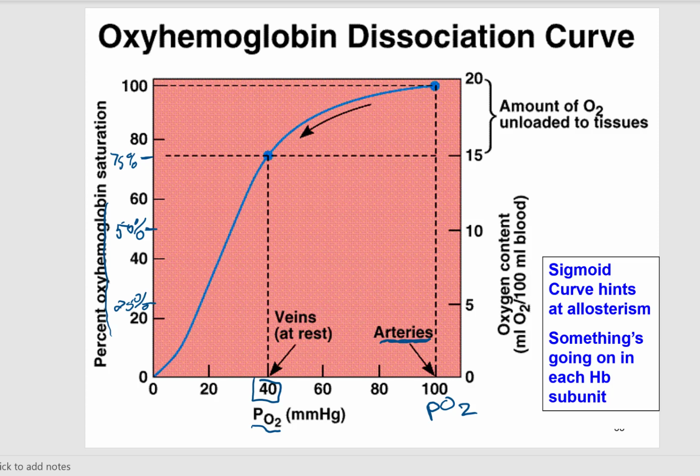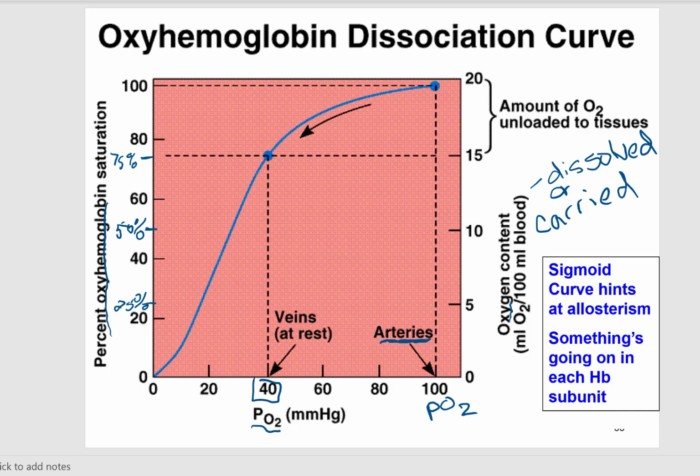This x-axis of PO2 and y-axis of percent saturation are your typical x and y axes for an oxyhemoglobin dissociation curve. This curve in front of you has an added y-axis, and that is oxygen content. Oxygen content includes oxygen that's dissolved in your plasma, and oxygen that is carried, that means bound to hemoglobin.